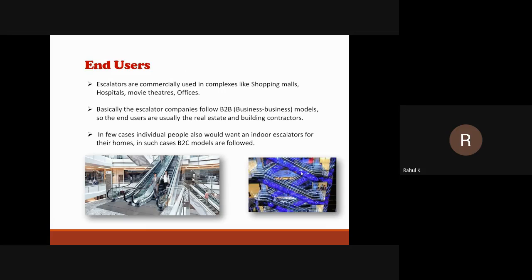End users. End users are basically the people or companies which use the escalators from the manufacturers. These include shopping malls, hospitals, movie theaters, and offices. In the escalator industry, there are usually two business models followed: one is business to business, and another is business to customer.